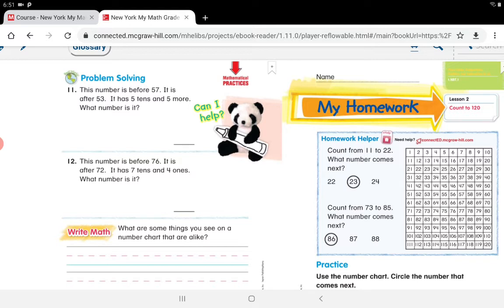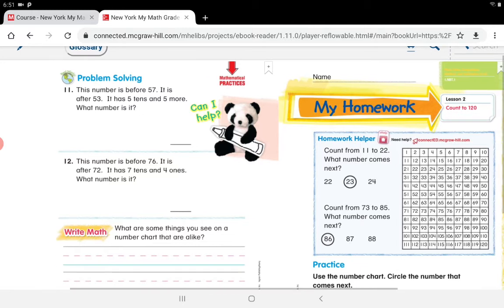So again, we're going to use cubes to help us do our problem solving. So let's read the question together. This number is before 57. It is after 53. It has 5 tens and 5 more. What number is it? So I know when I do cubes, I must circle my numbers first.